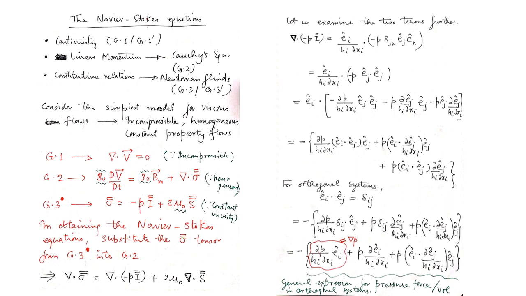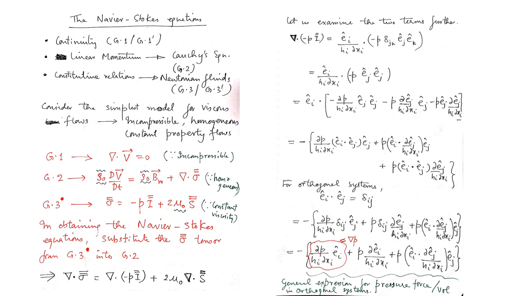Okay, so this can be taken to be the most general expression for any kind of an orthogonal system, of pressure force per unit volume acting on a fluid particle. Now notice the first term which has been circled in red. You will recognize this as the gradient of the pressure, because that's how we define the gradient.